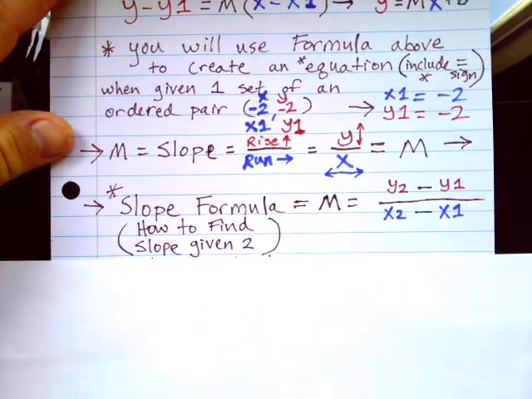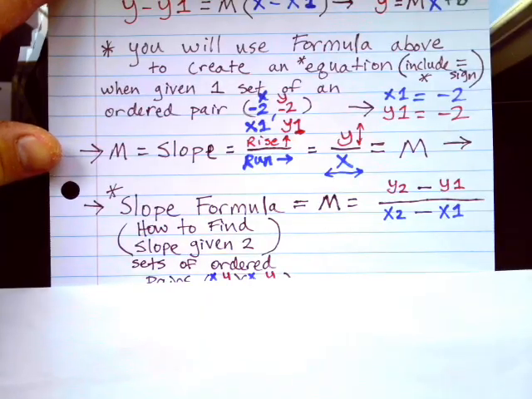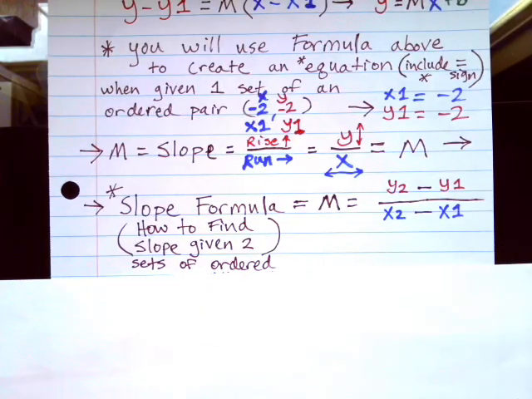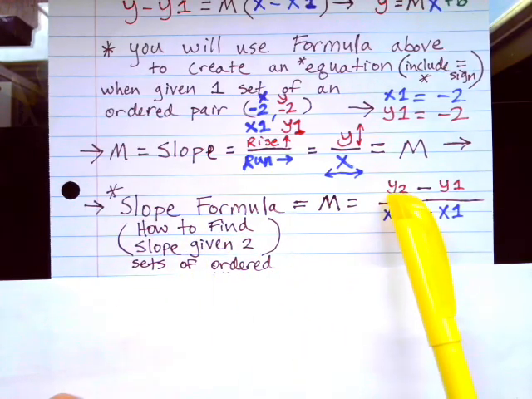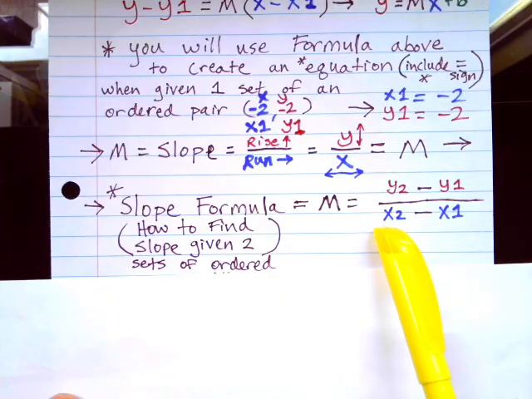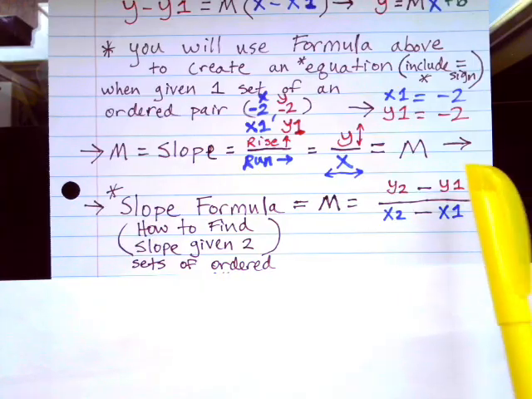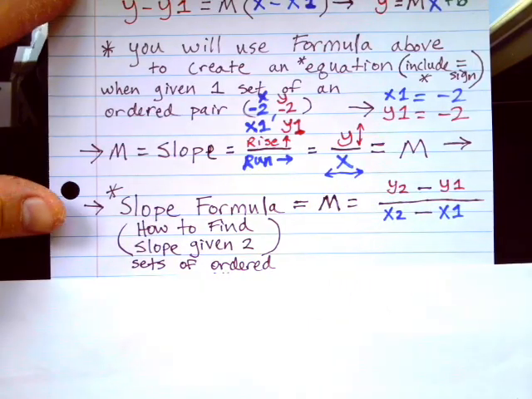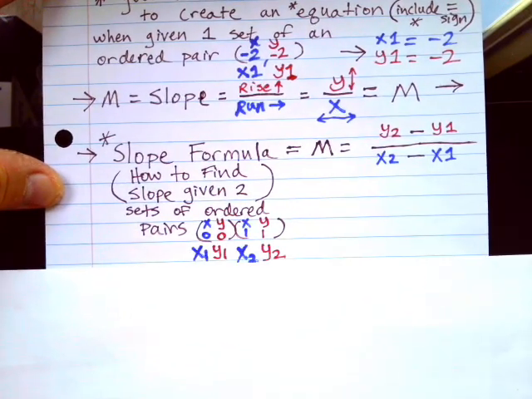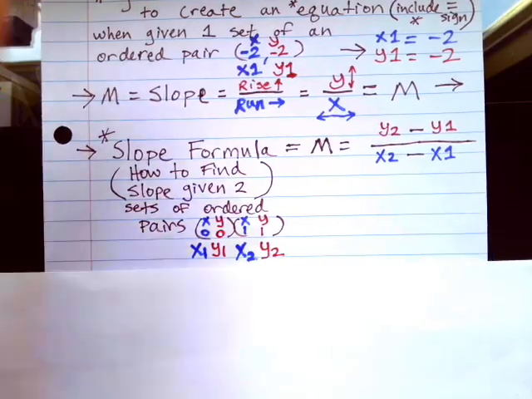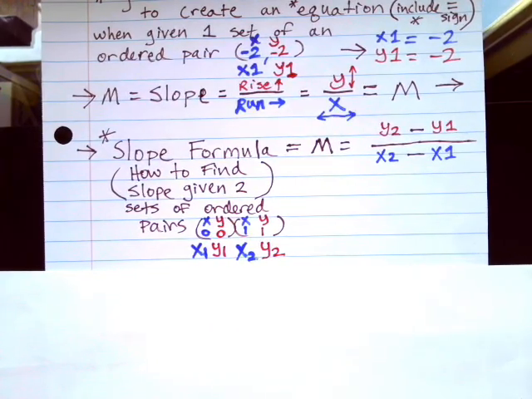And there's a slope formula that you can use to find the slope if you do not know what the slope is: how to find the slope given 2 ordered pairs, y2 minus y1 over x2 minus x1. That's the formula. Review my videos prior and you will understand a little bit further what I'm talking about here. And this is again review if you've been keeping up and watching my videos.